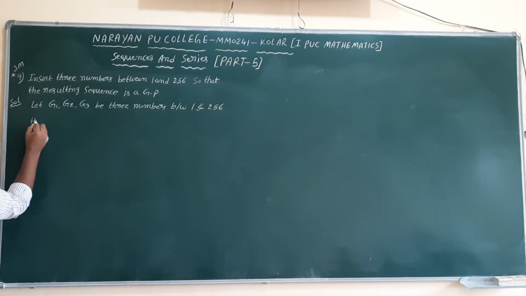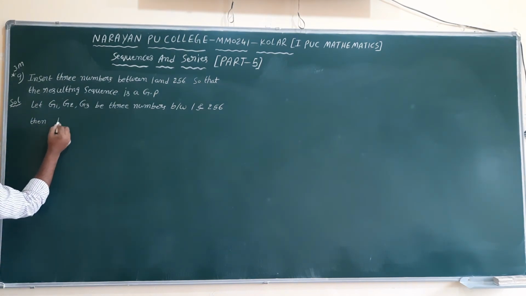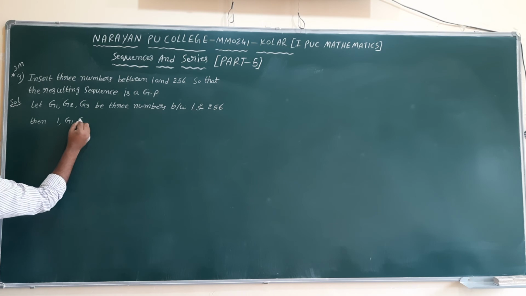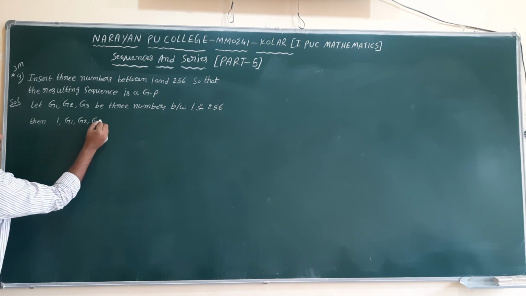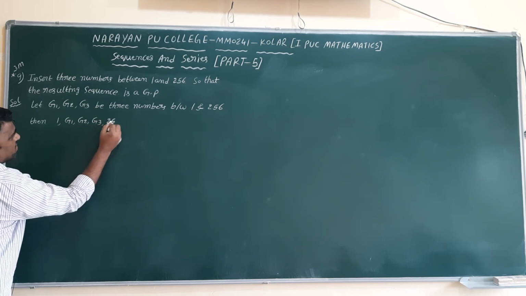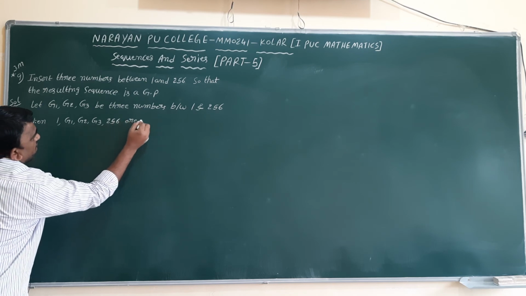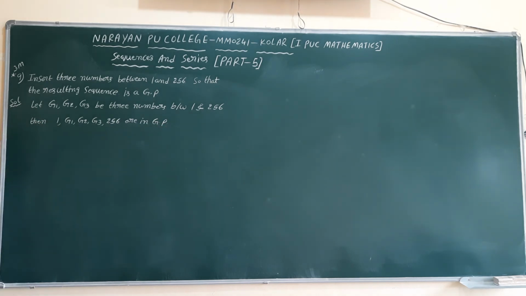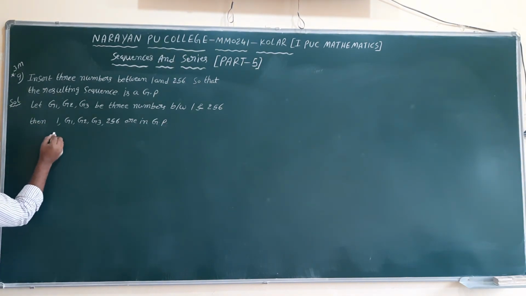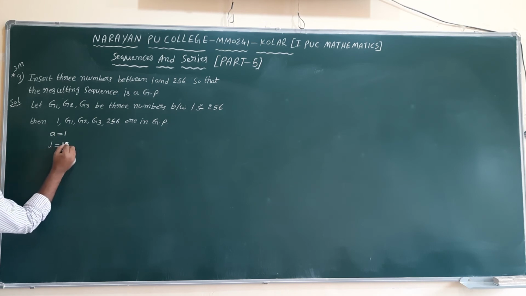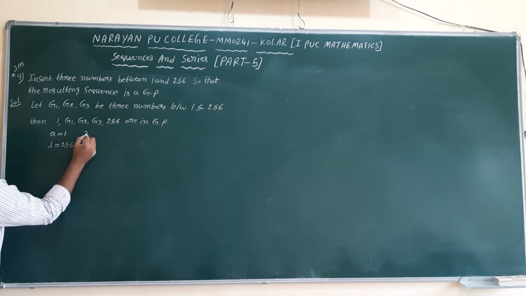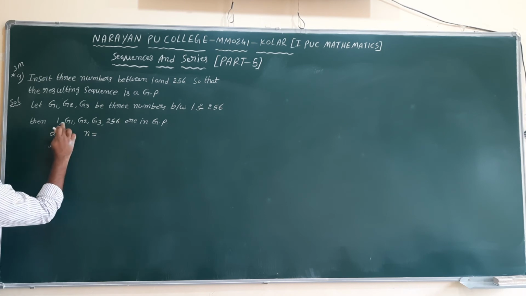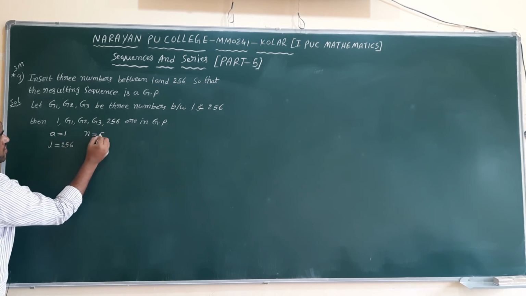Then the resulting sequence is in GP, meaning 1, G1, G2, G3, 256 are in GP. So here the first term is 1, the last term is 256, and the number of terms is 1, 2, 3, 4, 5. The number of terms is 5.